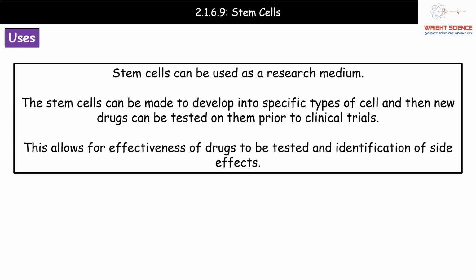So this means that we can test the effectiveness of our drugs and identify side effects. If we're testing a new drug and all of a sudden we put it on our little stem cells in a lab and every single one of them dies, you're not going to put that drug anywhere near a living creature, or at least I hope you're not. So it means that we can go through some of those early phases of the drug trials in a way that's not affecting any living organism.